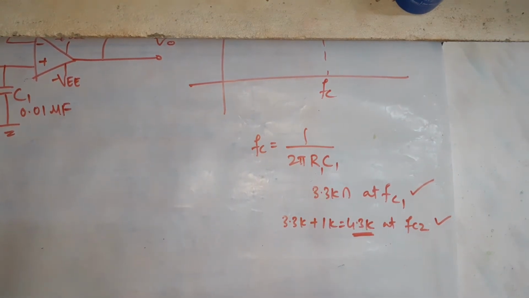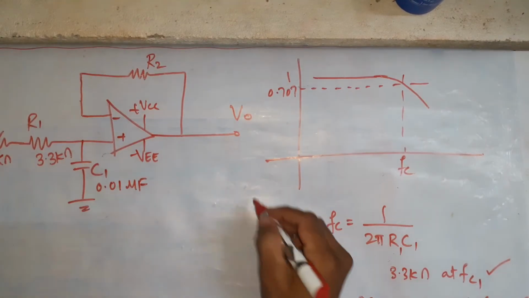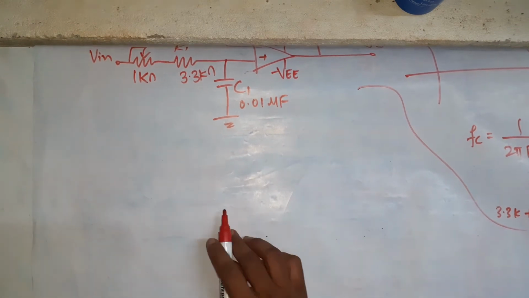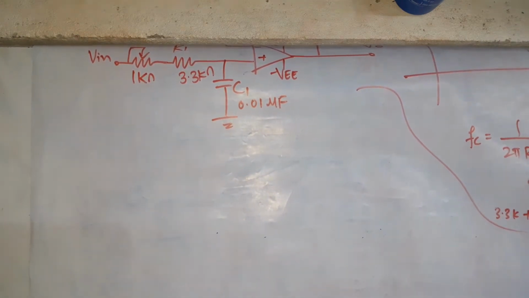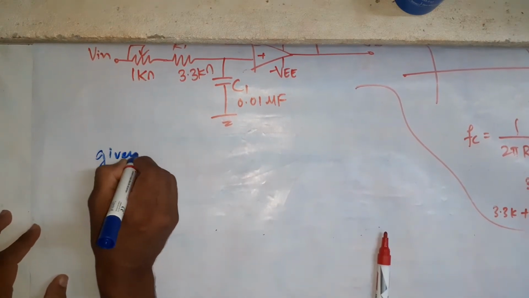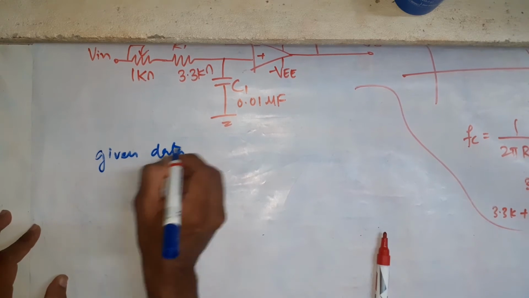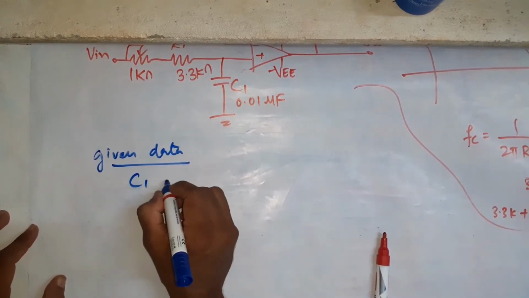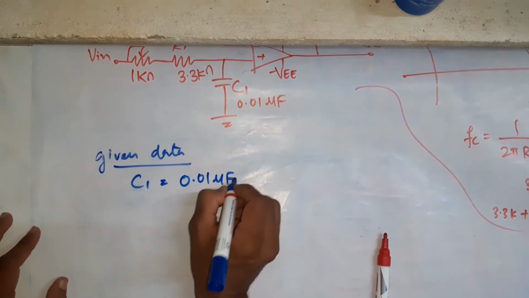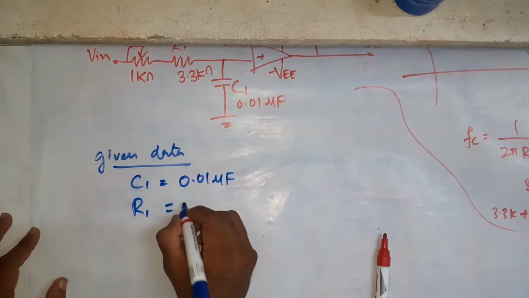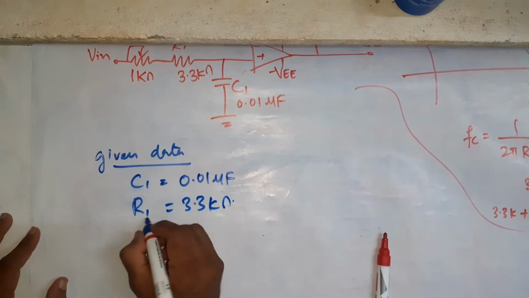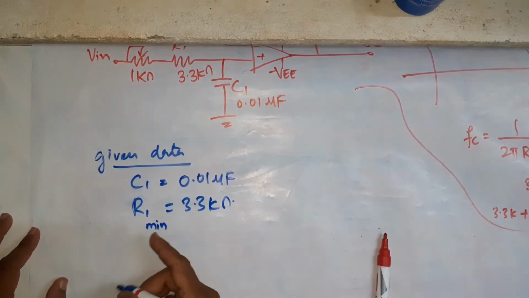Okay, let us solve this. Hope you have understood the concept here. So given data, let me write. We have C1 given to us as 0.01 microfarad. Then we have R1 equal to 3.3 kilo ohm, so this will be our R min.